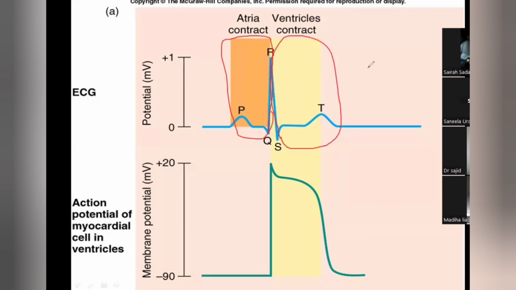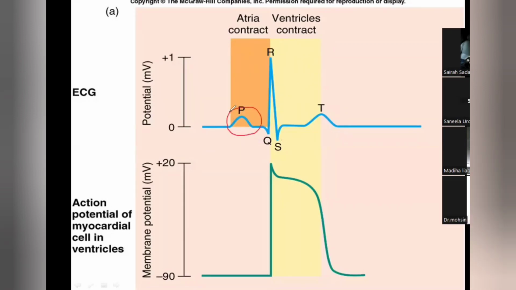So this is very interesting. Again, this side of the ECG gives you information about the atrial activity, while this side gives you information about the ventricular activity. Okay.